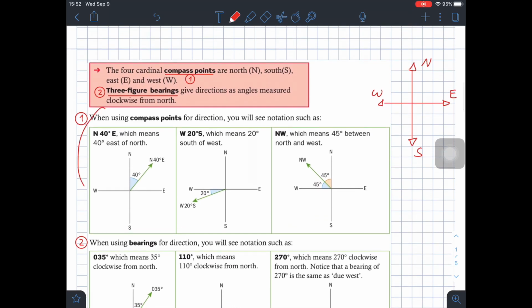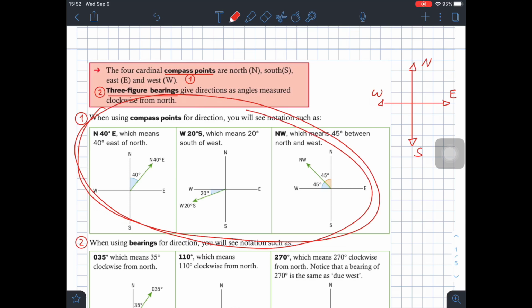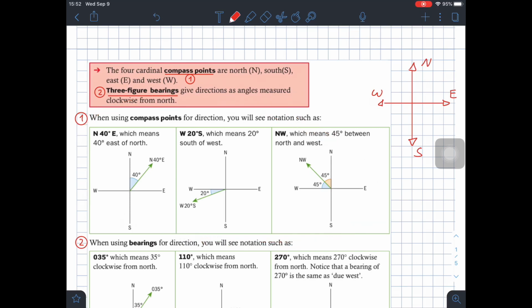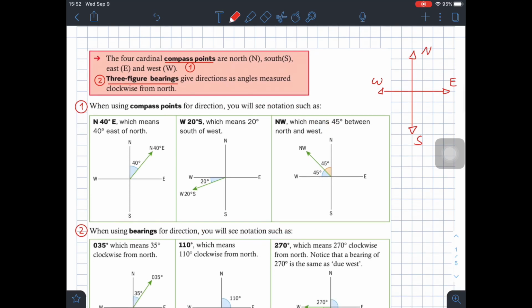Okay, so for the first case, using compass points, this is how we interpret angles. It says, when using compass points for direction, you will see notation such as north 40 degrees east, which means 40 degrees east of north. Basically, the rule is to follow this direction first and then 40 degrees to the second direction right there.